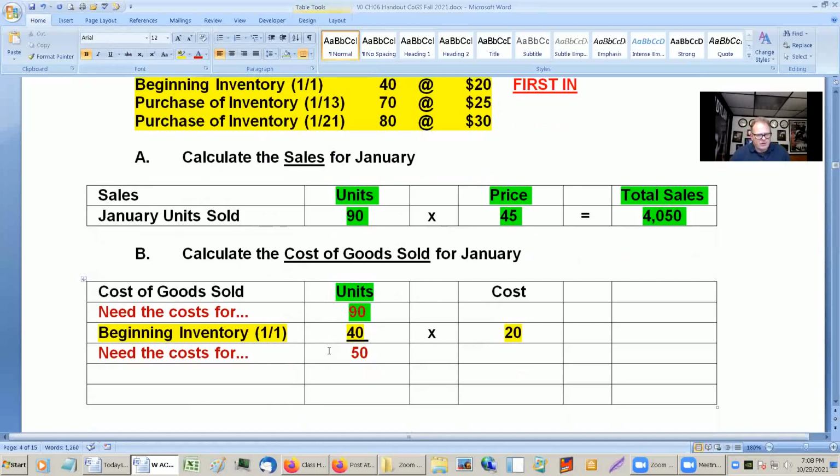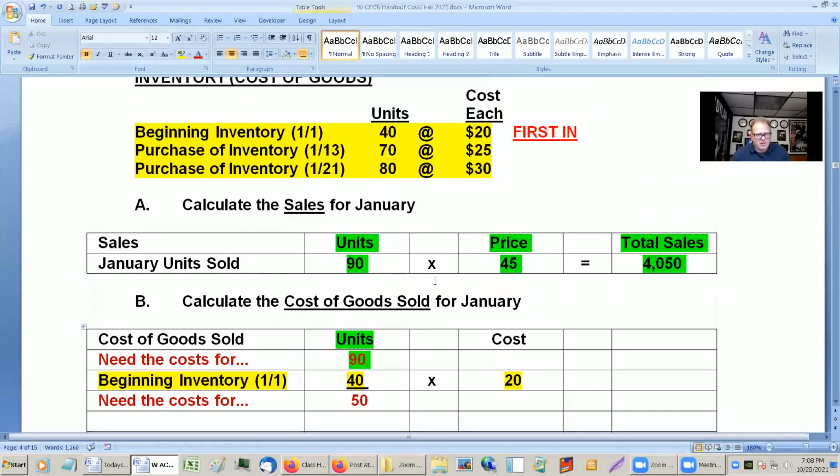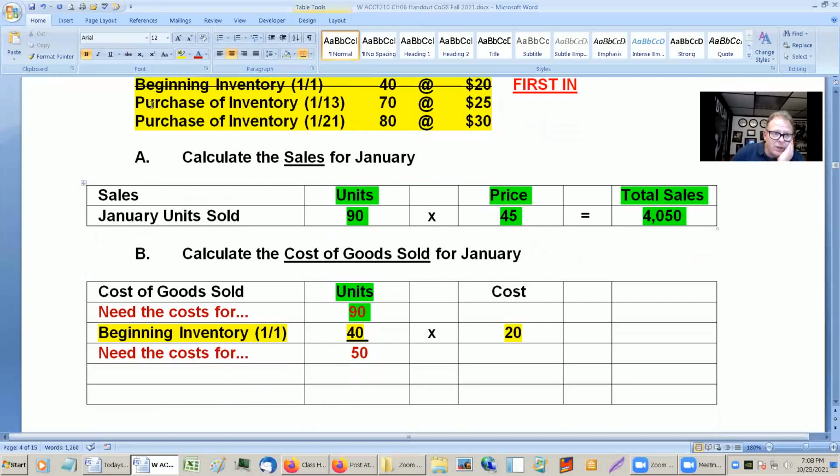Okay, so we need to find the cost for 50, so we're gonna go to the next ones in. 25. Now, remember this though, this first layer is gone and it's not coming back. We are not gonna sell those again, ever, they're gone, they left. Now, this next one has 70 in it, are we gonna take all 70? Only 50, we only need 50, so we need 50 from that layer.